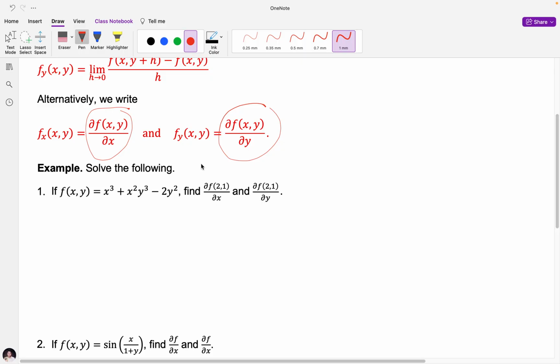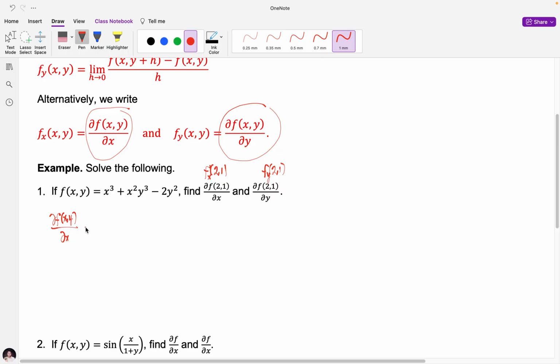Another way to write this is f sub x of (2, 1) and f sub y of (2, 1). Okay? So in this case, first we will solve for the partial derivative of f of xy with respect to x.